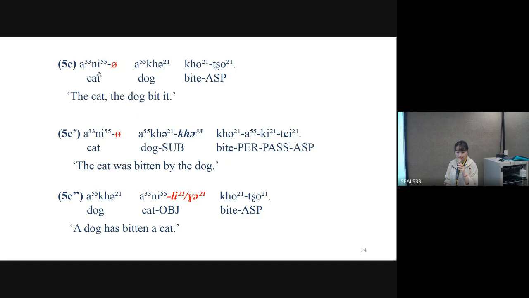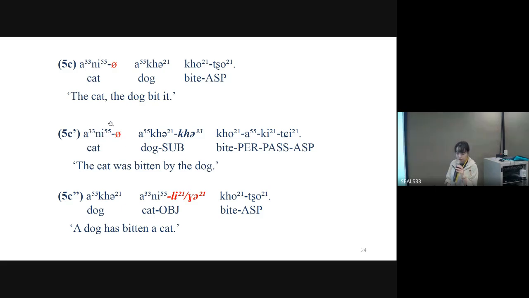5C, for example, the cat, the dog ate it. Ani, Ani, Aku, this situation. But in this situation, sometimes Ani is inserted here. So insert. And these codes can be used like this. Ani akko: the cat was bitten by the dog.